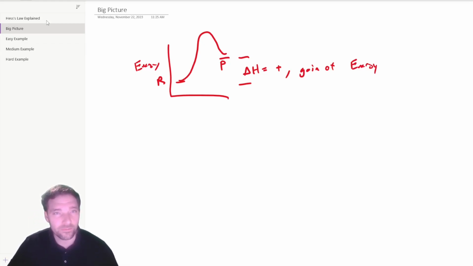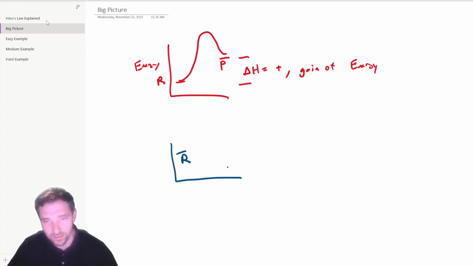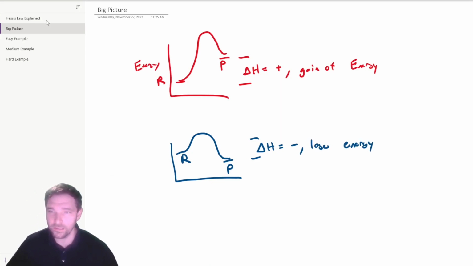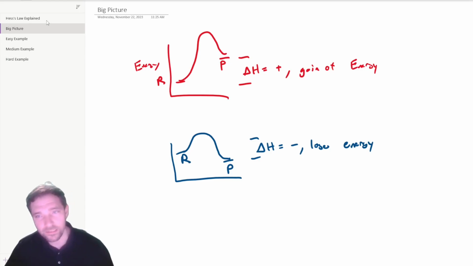And then when we have the opposite, when you have some reactants going to some products down here, there's going to be a change in H value that is negative. So that is going to lose energy. One of these is going to be spontaneous and one is not.